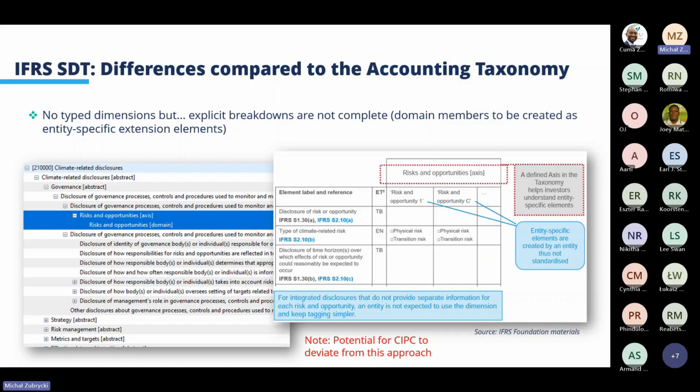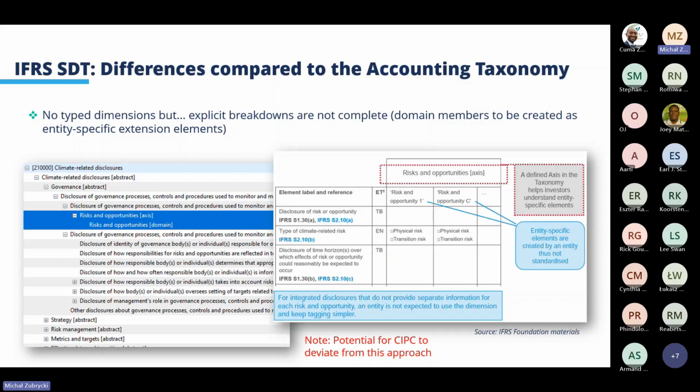to disclose information. But there is also a second type of dimensions, the so-called type dimensions, where the information is actually not explicitly defined on how certain information can be broken down.